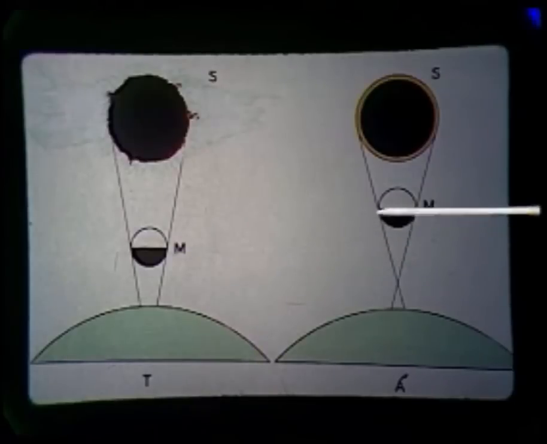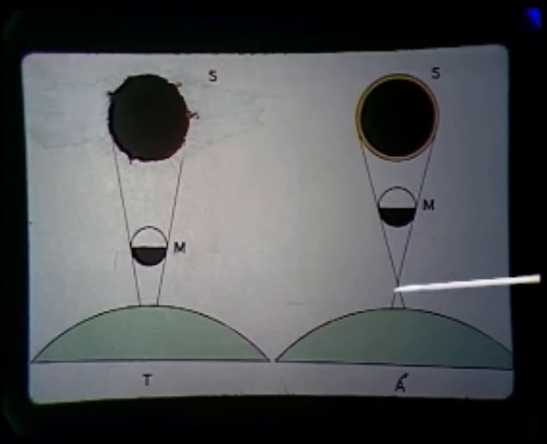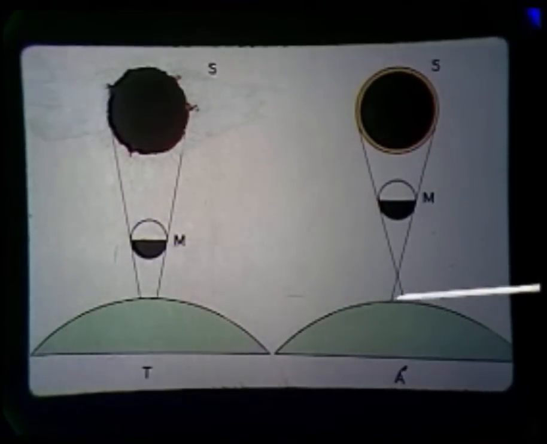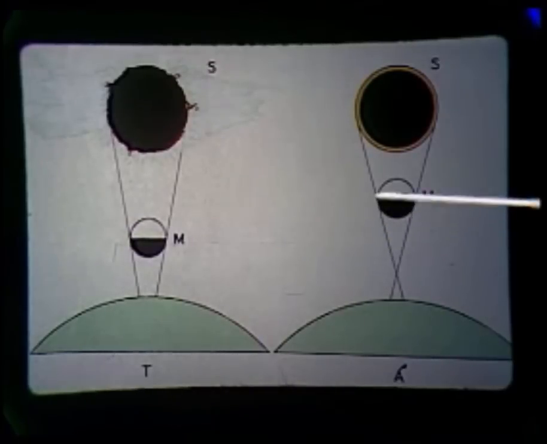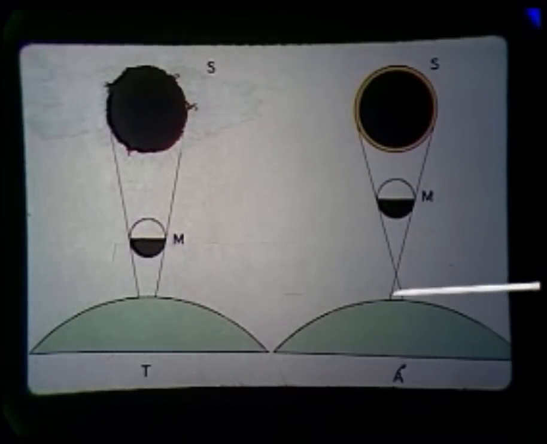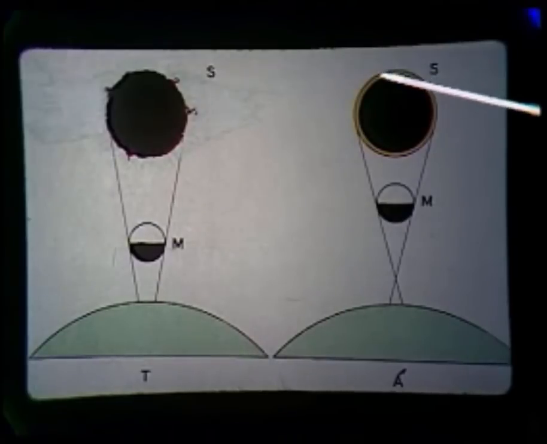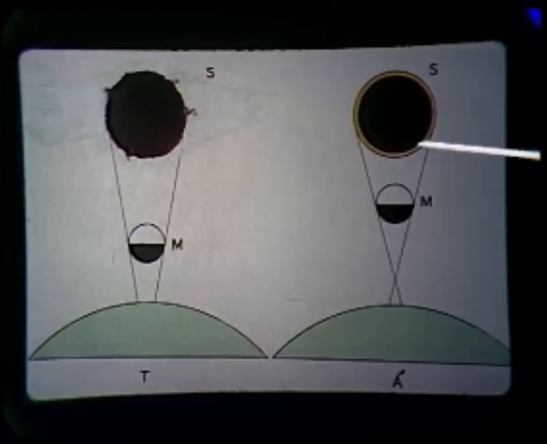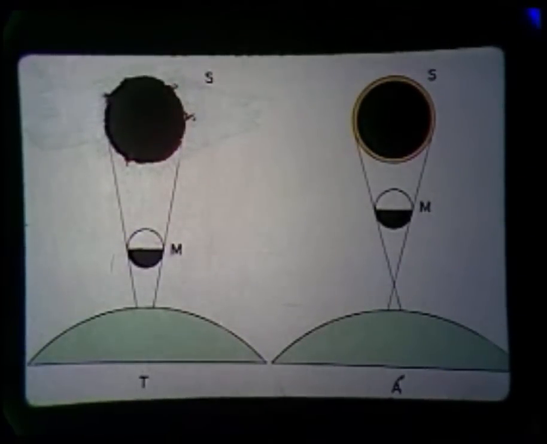Here the moon is in the apogee, and there you see that from those points, even directly below the moon, you can still see the outer part of the sun, and therefore the eclipse will only be an annular eclipse. If the moon is directly in front of the sun, it will not blacken out this outer rim, this annulus of solar light, and again, this is not such a spectacular phenomenon as a total solar eclipse.